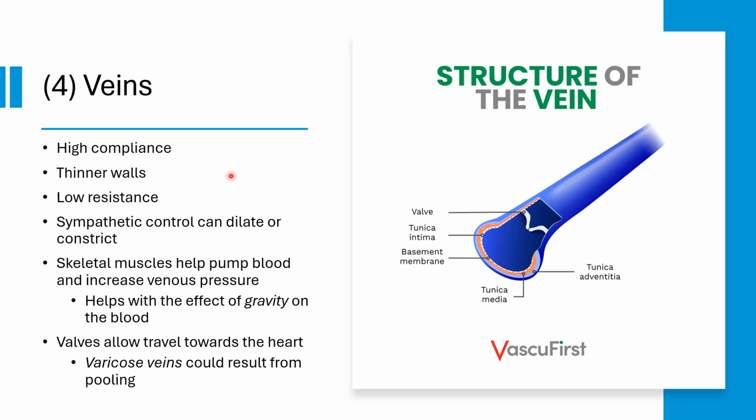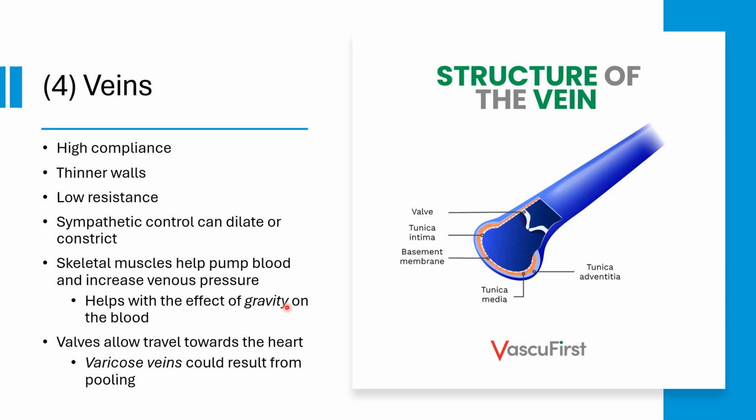Sympathetic control can either dilate or constrict it because they do have smooth muscles, not as many as the arteries, but they do have smooth muscles. Skeletal muscle that surrounds the vessels can help pump blood and increase venous pressure, which is extremely necessary because veins are often moving against gravity.